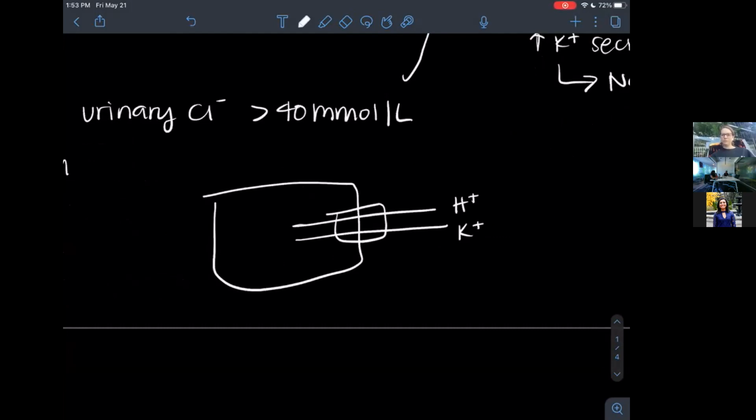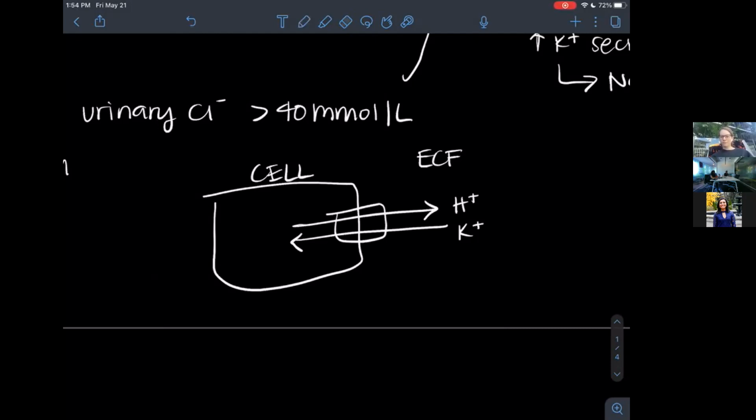So let's say you have alkalosis and there is decreased hydrogen ions in your circulating fluid. You need hydrogen ions to come out of your cells. And in response to that, potassium is going to go into the cell. At the same time, it can go both ways.